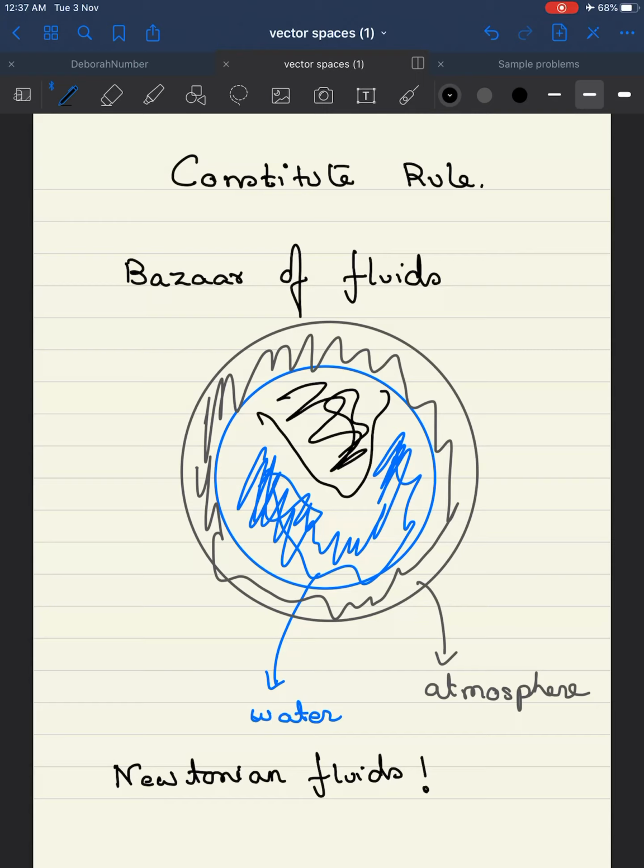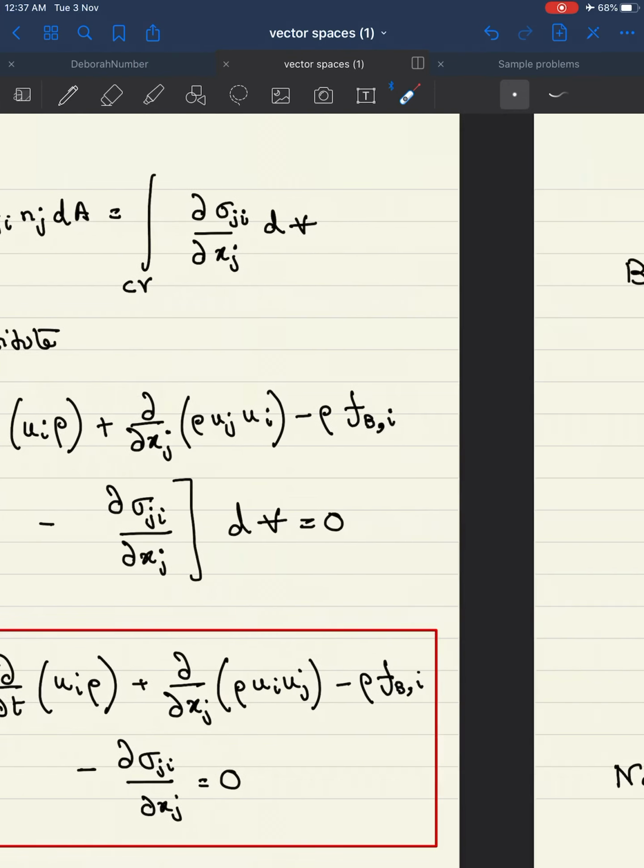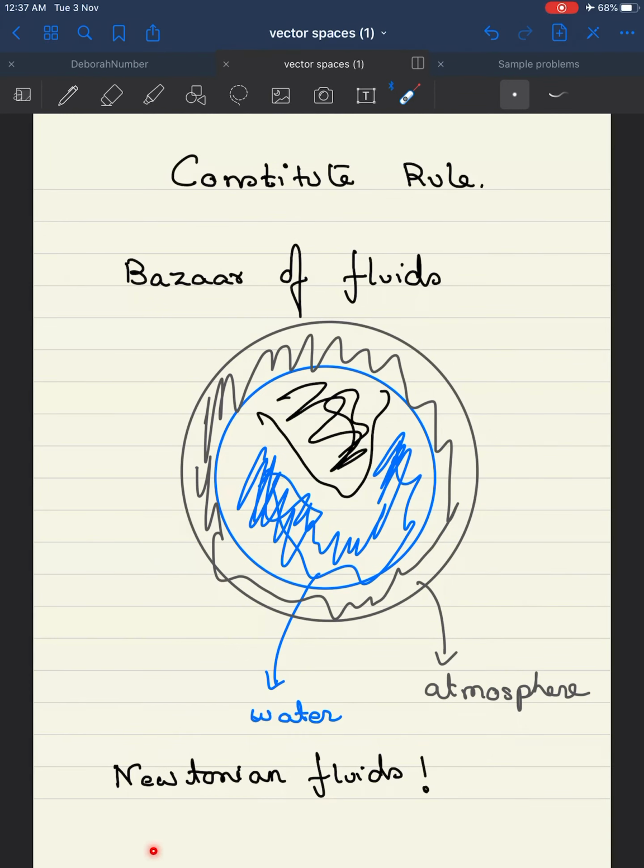And the Newtonian fluid has some very simple traits that are going to be very helpful, and when we buy Newtonian fluids, we'll also buy the proper constitutive rule for that. We'll see that in the next class. In the next class, I'm just going to introduce you to the constitutive rules for the various Newtonian fluids that we are going to be dealing with.